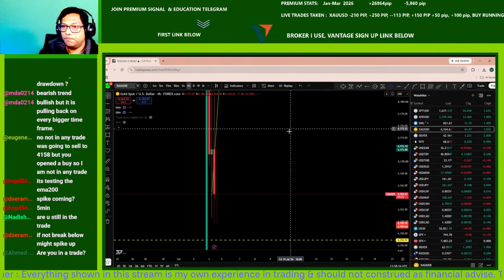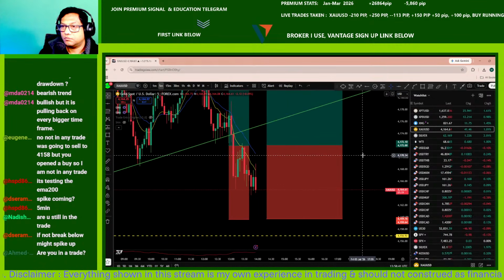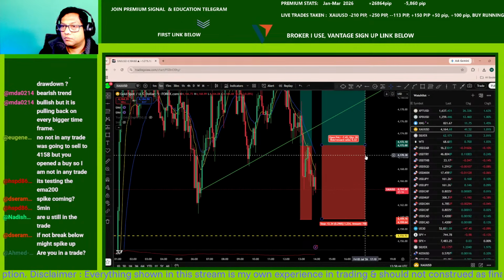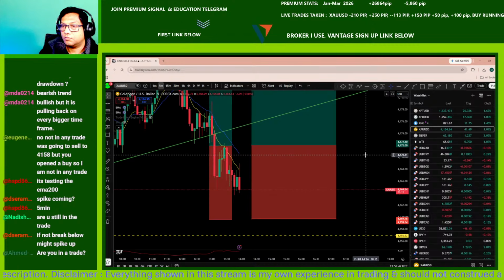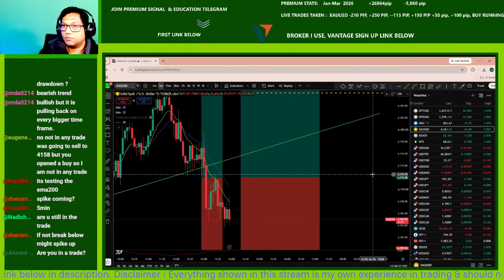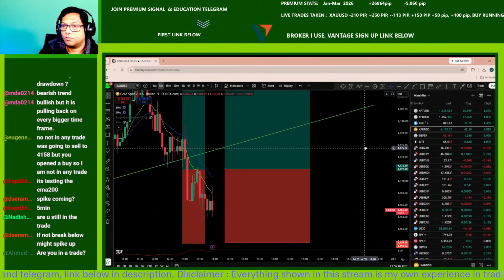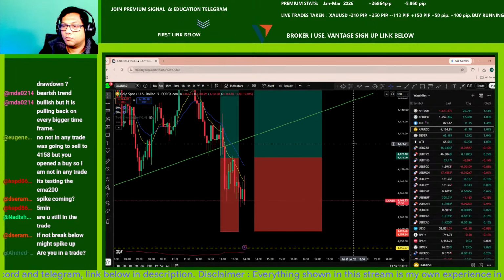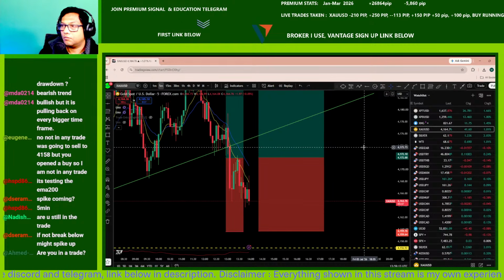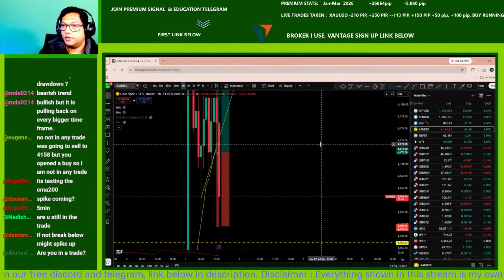So the 4-hour candle close is coming, and so the candle closes on the 4-hour.